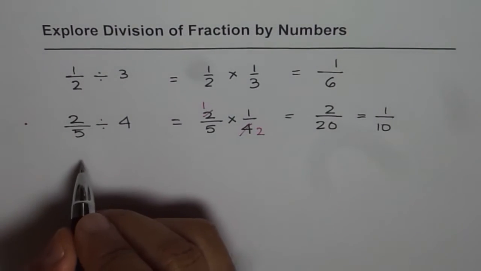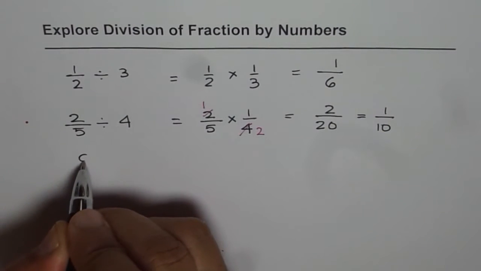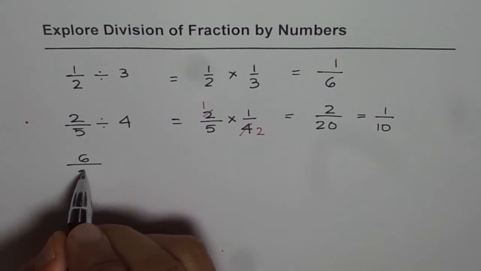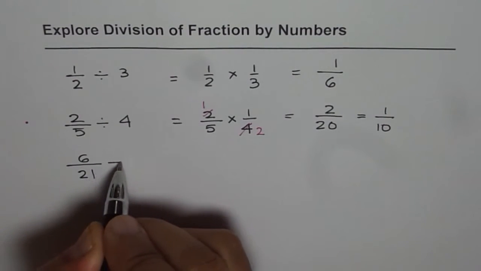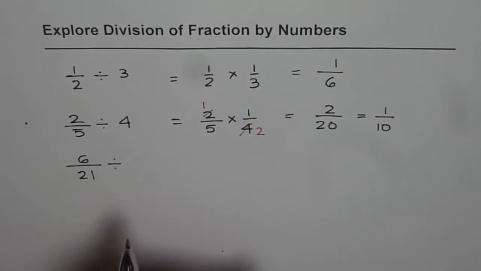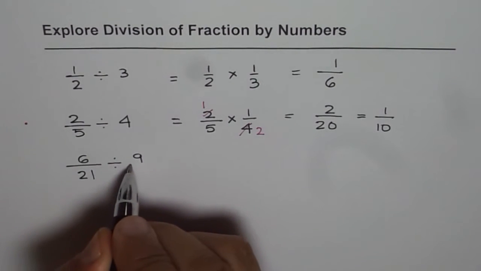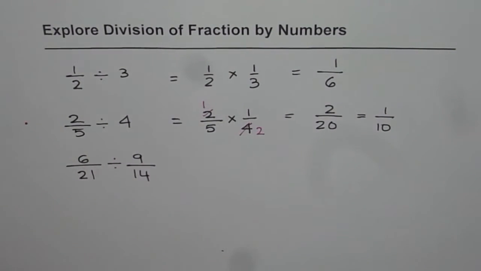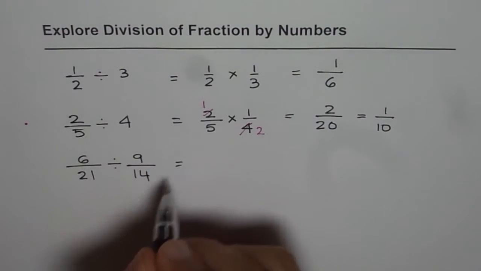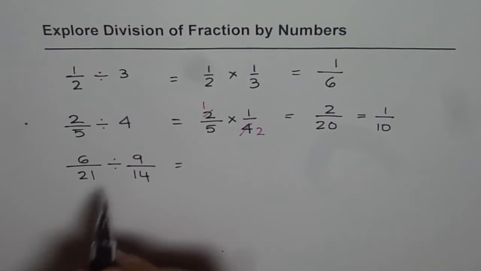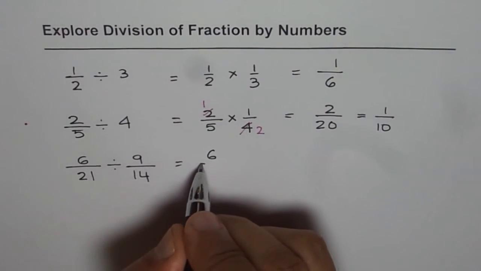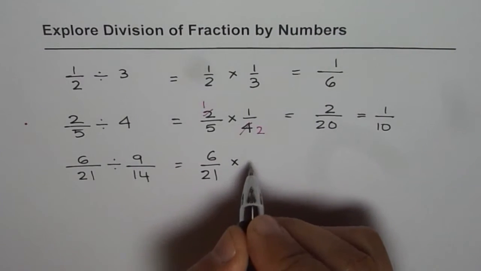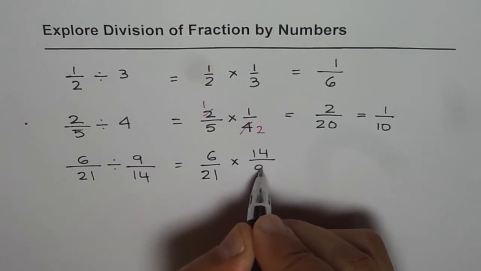Now let's take another example. So this time, let me write this as 6 over 21. And let us divide this by 9 over 14, okay? Now, division, you know, is same as multiplication by reciprocal. So we'll write this as a multiplication statement, which is 6 over 21 times 14 over 9.